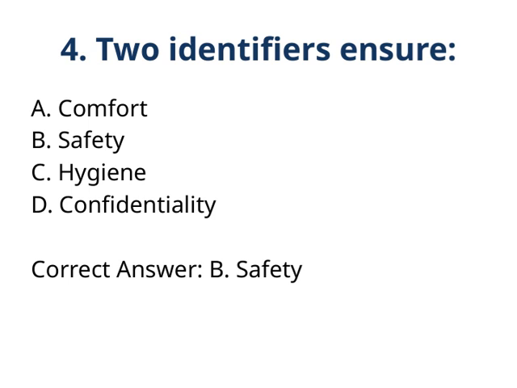Using 2 identifiers adds an extra layer of security and accuracy, reducing the risk of errors. This practice isn't just a recommendation, it's a vital part of maintaining safety in any healthcare setting. By consistently verifying these identifiers, we uphold the integrity of the care process and protect our patients from potential harm. This focus on safety ties into the overall theme of providing quality, reliable care at all times.